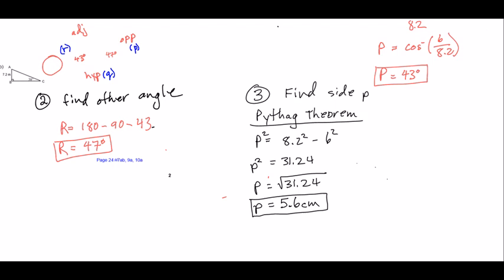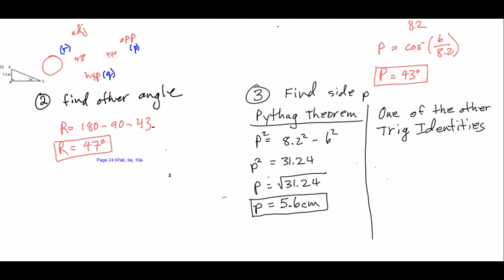Now, there is another way of doing this. In this case, we can use one of the other trig identities. So remember before we had SOH CAH TOA.